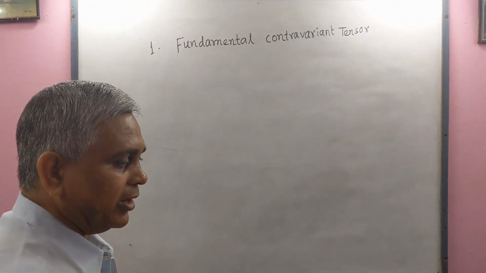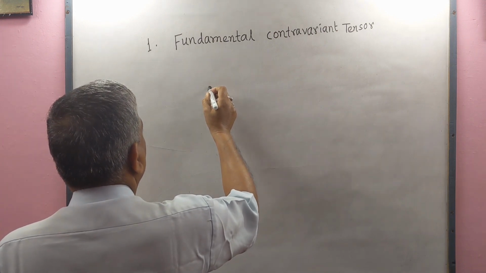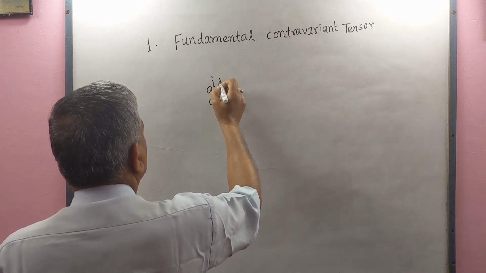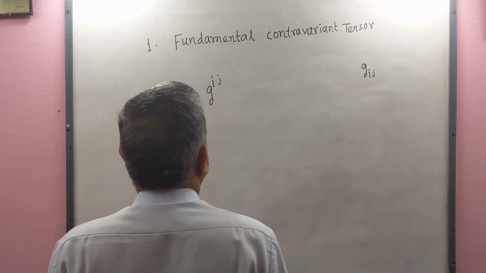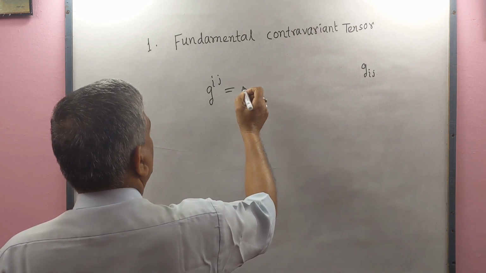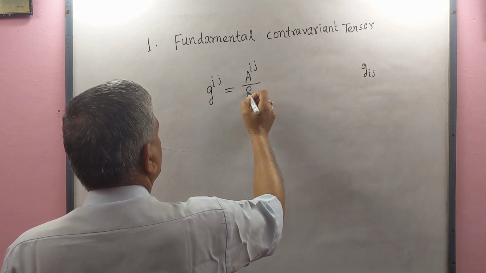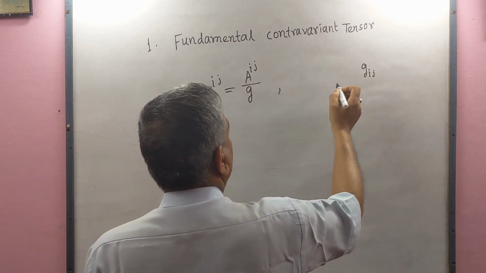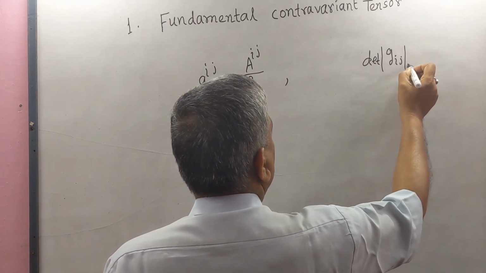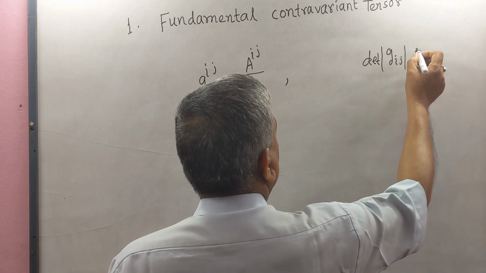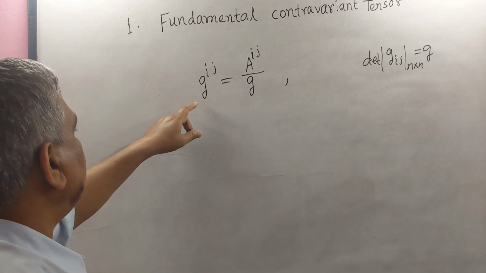As we know the property of conjugate, g^ij, the conjugate of this g_ij, is equal to A_ij by g, where g is the determinant of g_ij.